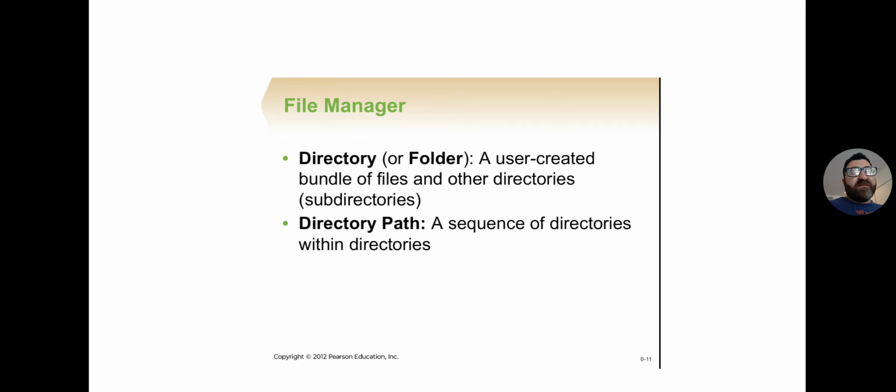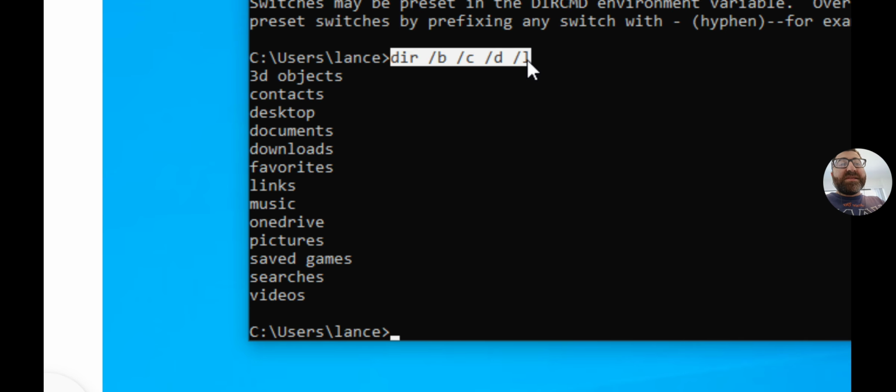So a folder can have other folders inside of it. And a directory path is a sequence of directories within directories. So if we go to here and we look at this C user Lance, that is a directory path. It's a path that leads to a series of directories and files.